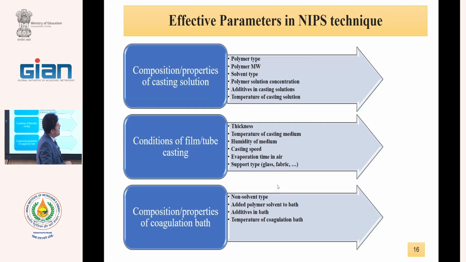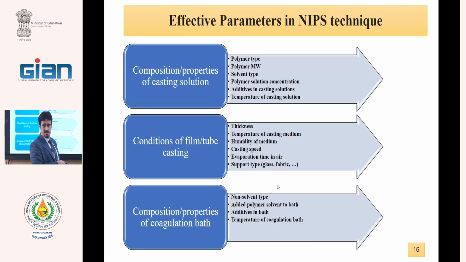We have 3 temperatures: temperature of casting solution, temperature of casting medium, and temperature of coagulation bath. We must control 3 temperatures. And we know that with the change of temperature, the kinetic is changed, and the diffusion rate, exchange rate, can be influenced with temperature.